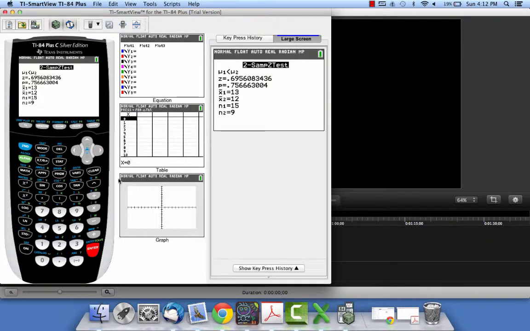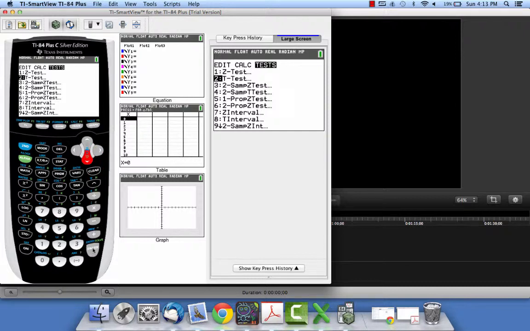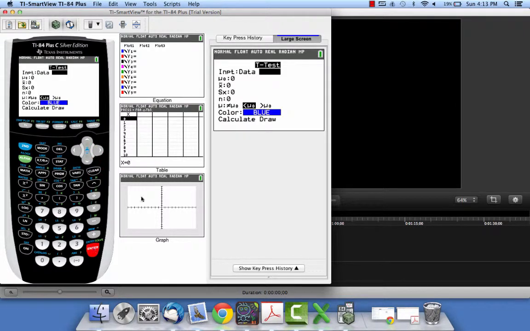Okay, what else, what else? Let's do one sample. So just straight t-test. And I'll give it the data. And so now it asks me, to what mean am I comparing it? And those means were like 5, right?